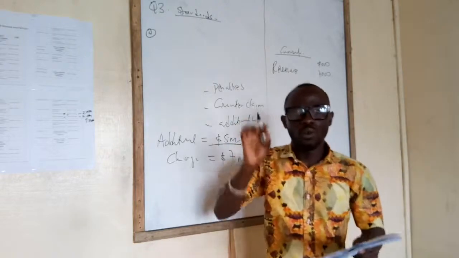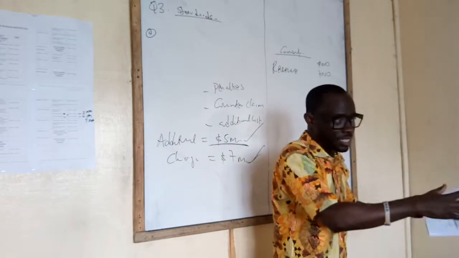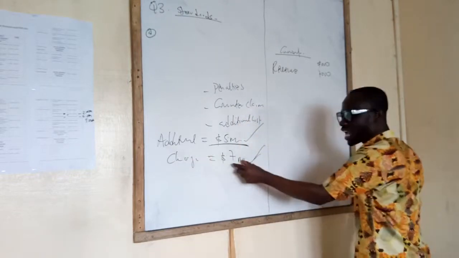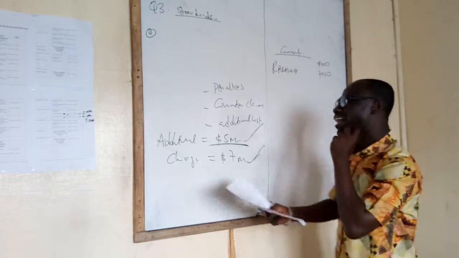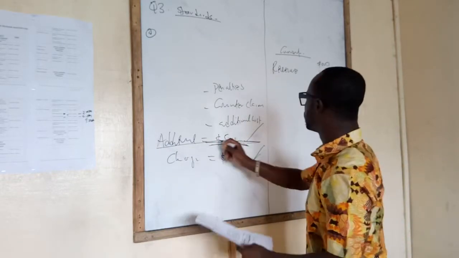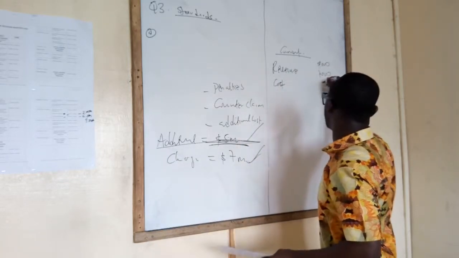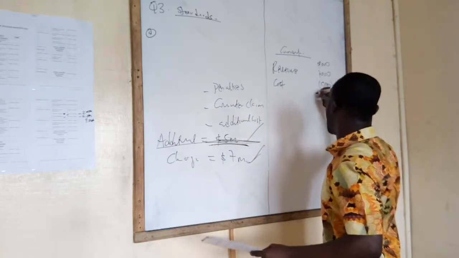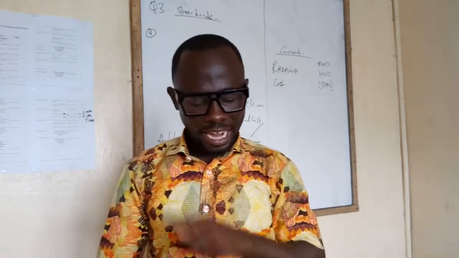Because we said that we recognize revenue when the performance obligation is met. Hence, since we charge them 7 million, we are going to be recognizing that. And then the cost we are going to be incurring on that is 5 million.